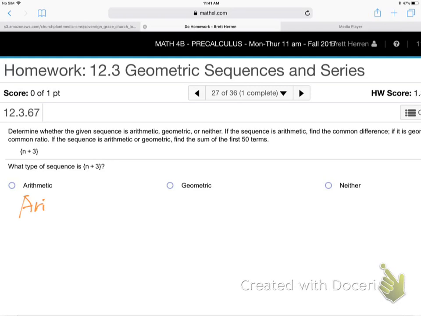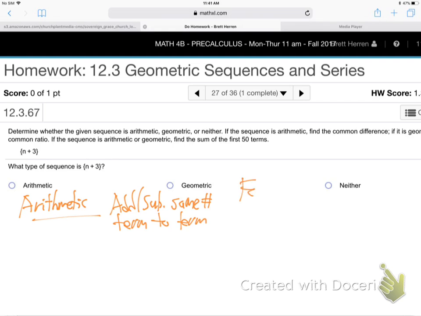Basically, arithmetic, as you know, means you add or subtract the same number term to term, right? Term to term. And the formula has n to the first power. That's the facts for arithmetic.